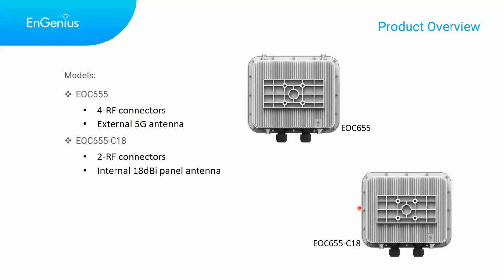Okay, so another question here, EOC 655-C18/20/C23. Oh, I think you saw on one of my slides, there's another model. That model is still in planning. Basically, it's a model with a higher gain antenna. So we have the C18, which means 18 dBi, and then C23, which is 23 dBi, which can serve a farther distance.